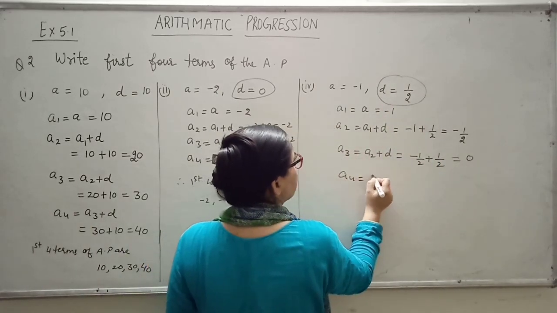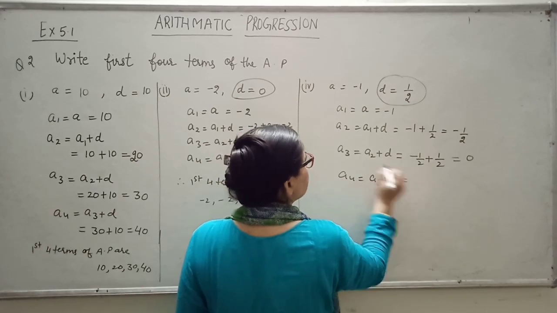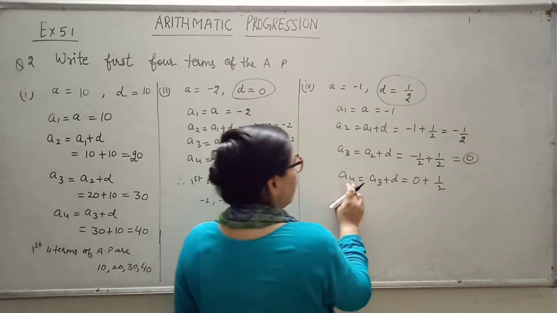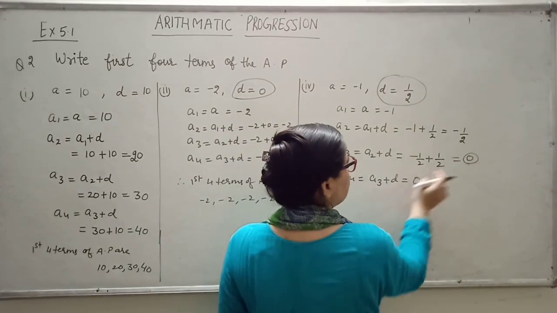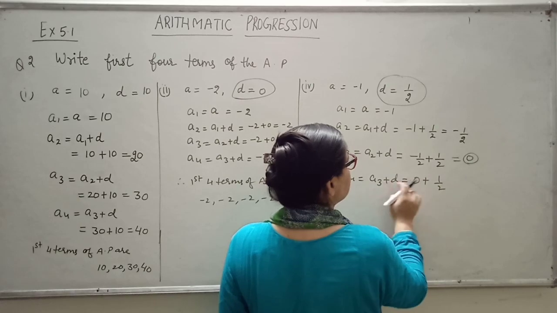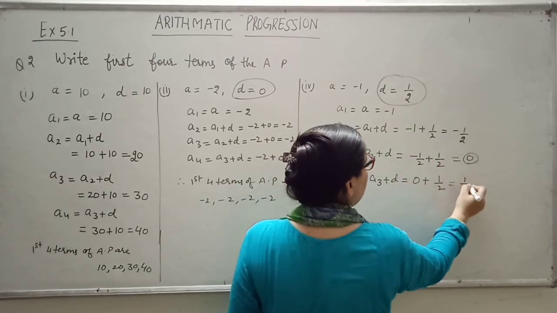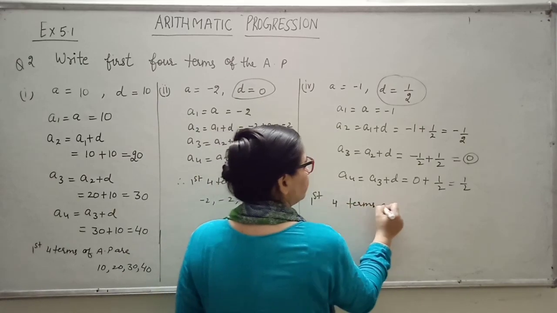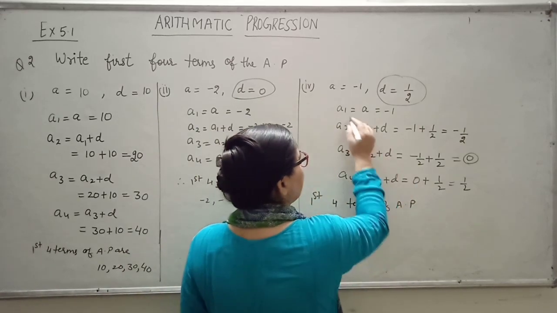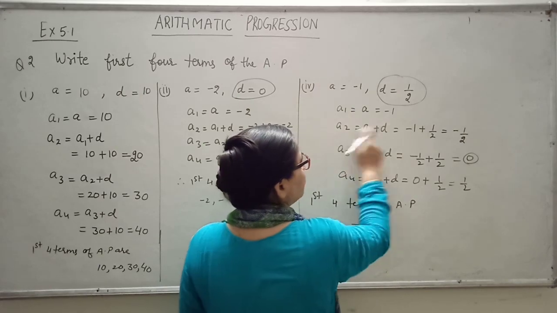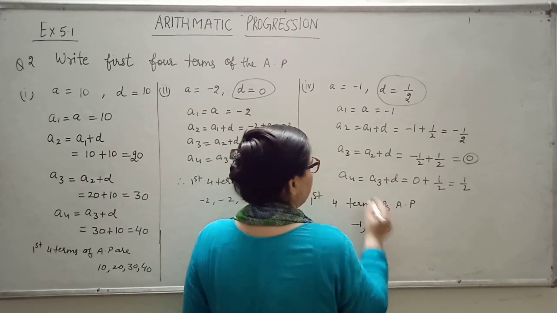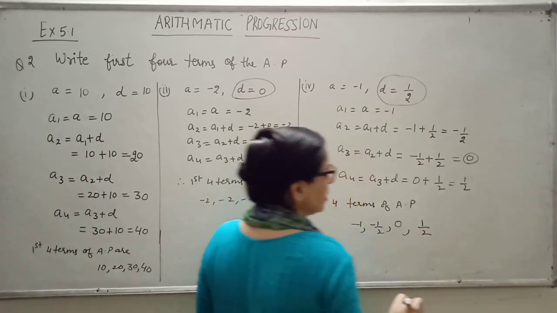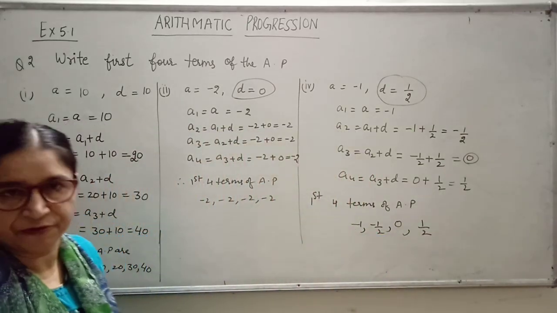A4 is A3 plus D. A3 is 0, so 0 plus D is your half. So this is half. So the first four terms of the AP are: A1 is minus 1, A2 is minus 1 by 2, A3 is 0 and A4 is half, because each next term is increasing by half.